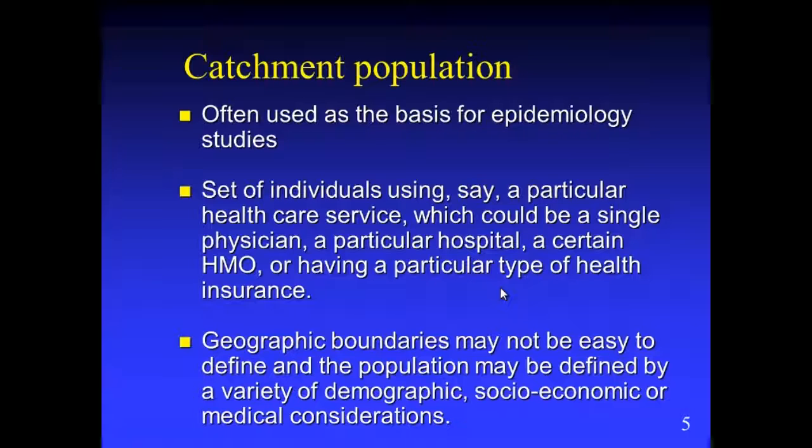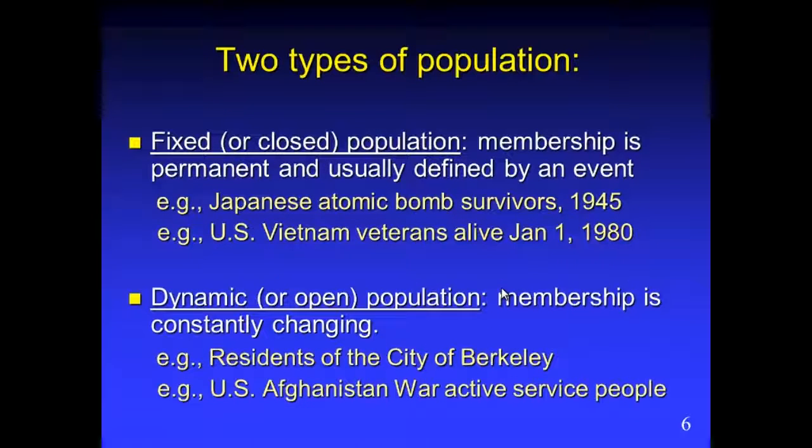Anyway, people who attend a certain facility. Usually this refers to hospitals or healthcare facilities. So the boundary is not clear. That may be interwoven with a catchment population for other facilities. So we often would, for example, use patient lists to identify the catchment population of a particular hospital.